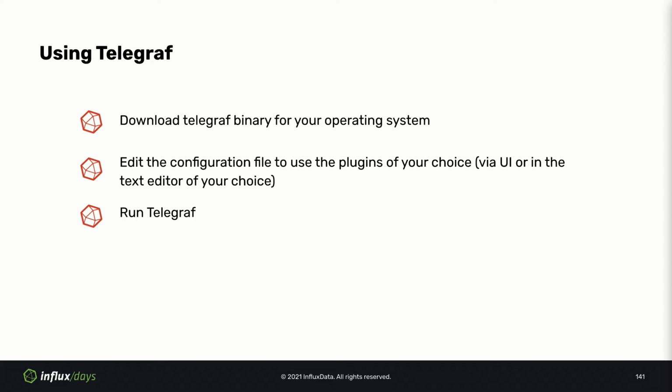On the documentation page, as well as in the open GitHub repository, you'll find everything you need to edit the config file, to collect the data from your chosen sources, and send that data to your InfluxDB instance, as well as any other tools that you may be using. Or if you prefer, you can edit that in the UI. Finally, you can simply run your Telegraf, and the agent will immediately start collecting your data and sending it to your InfluxDB instance.